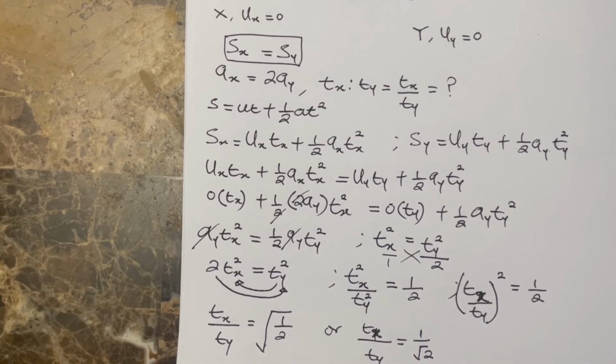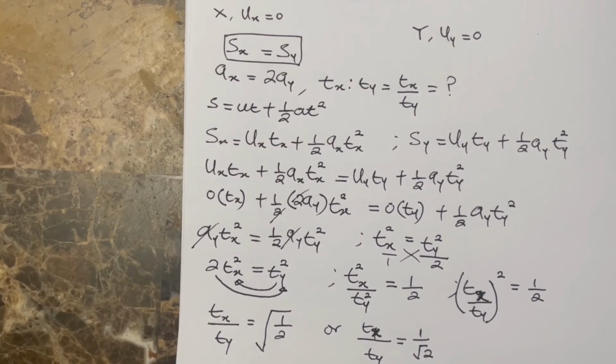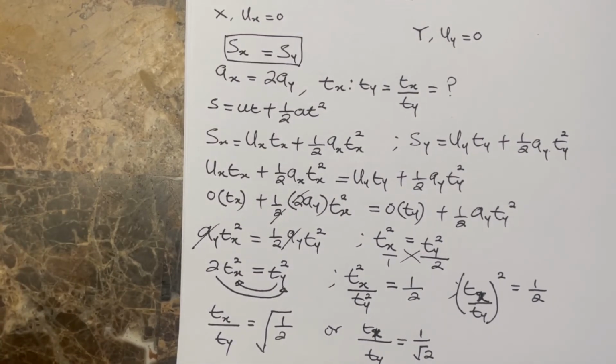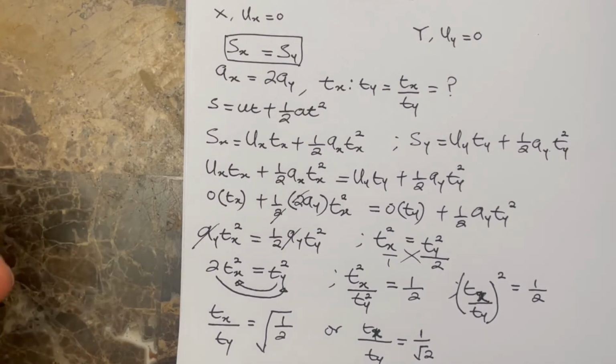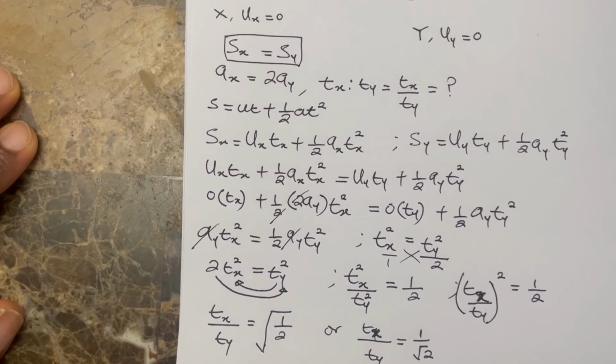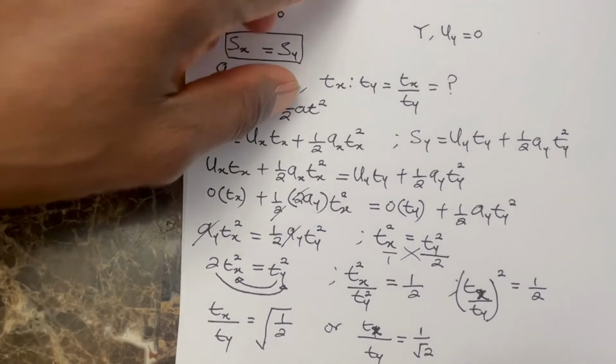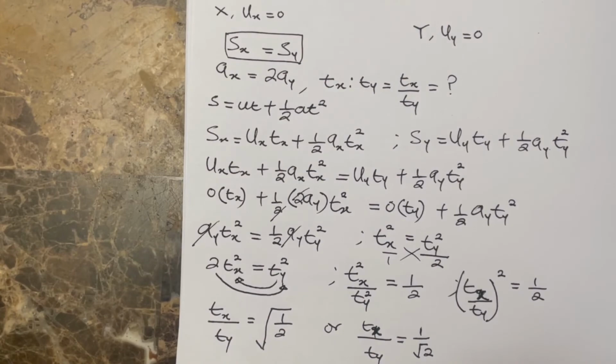I said if you have to be very strong with your physics, your math is also very important, because while you're solving some problems, you might come across things in mathematics that you have to use. So you can see now that tx over ty is equal to 1 over root 2, and that is option C. And that gives the final solution to that problem.